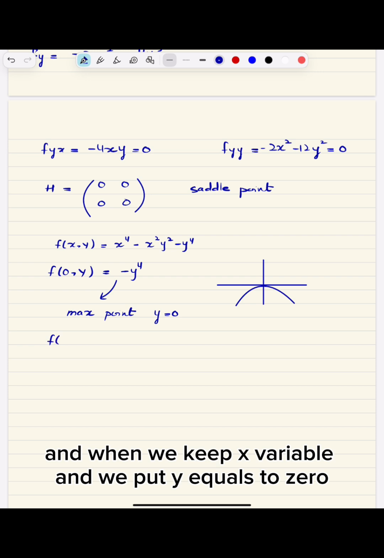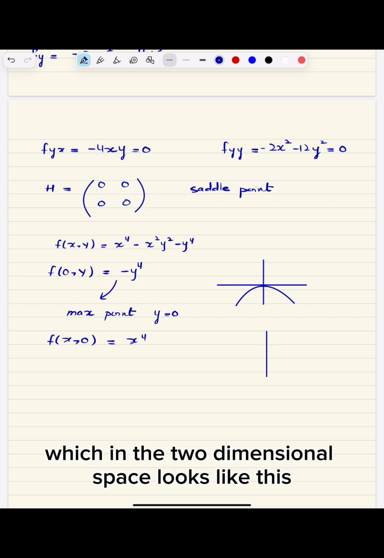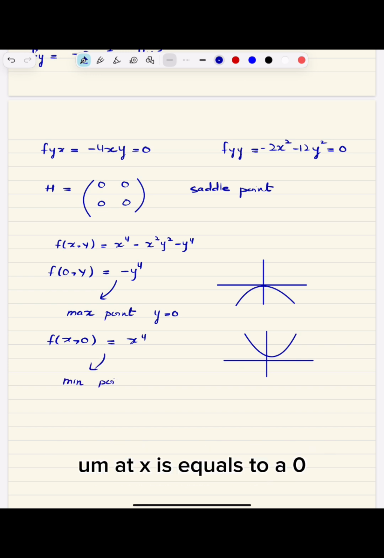And when we keep x variable and put y equal to 0, we get x power 4, which in the two-dimensional space looks like this. So in this graph we have a minimum point at x equal to 0.